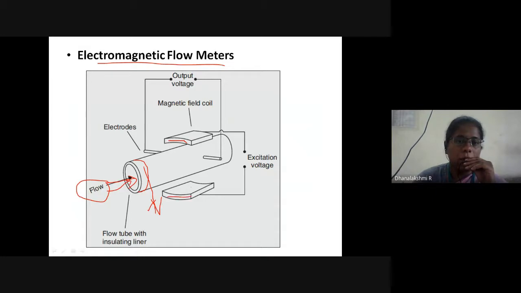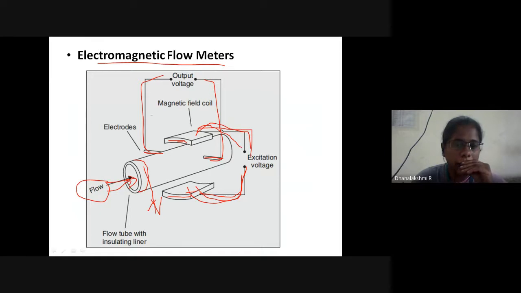When we give excitation to the field coils, the magnetic field is created. At the opposite edges we have electrodes connected, and from the electrodes we take out our output voltage.